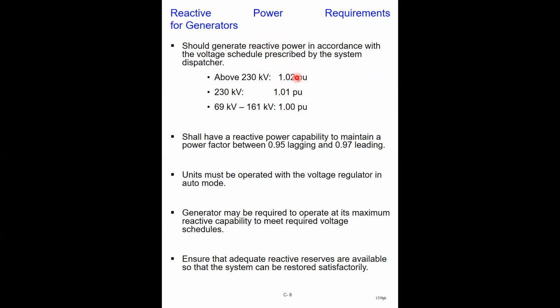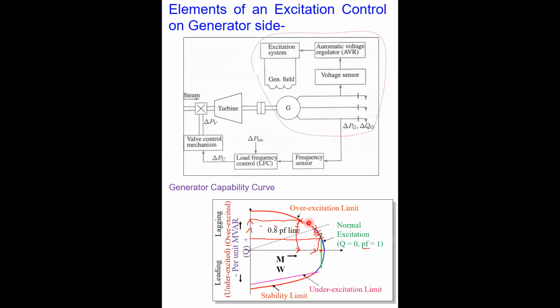If you go back to the capability curve here, because you have more reactive power, that means we have to control the reactive power of your generator and thereby maintain the voltage at either 1.01 per unit or 1.02 per unit here, right?